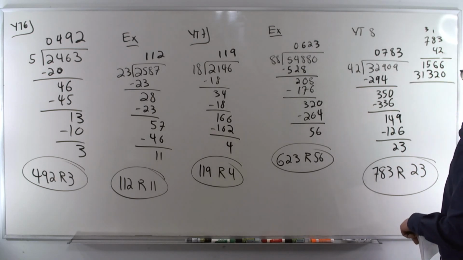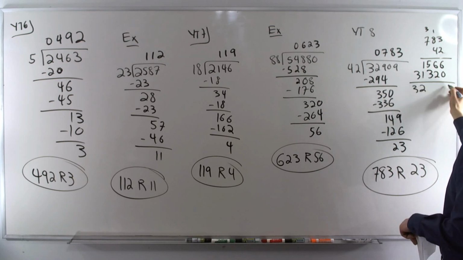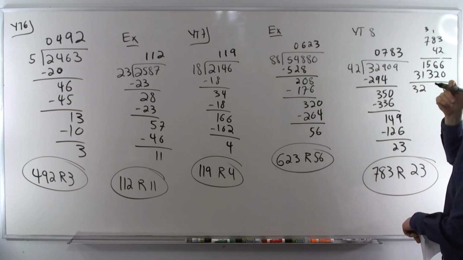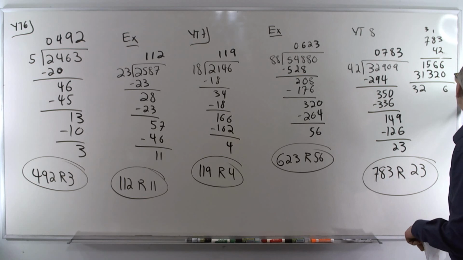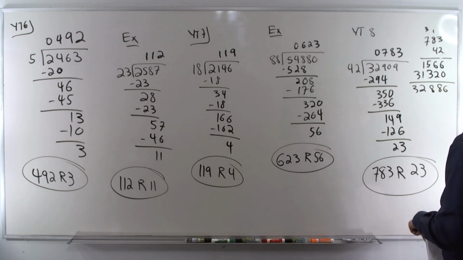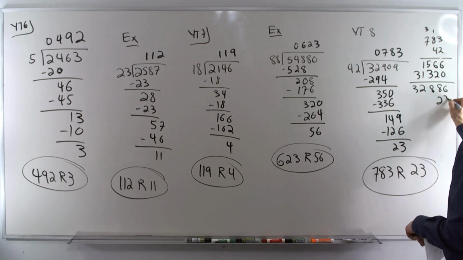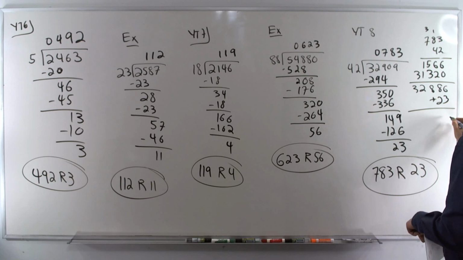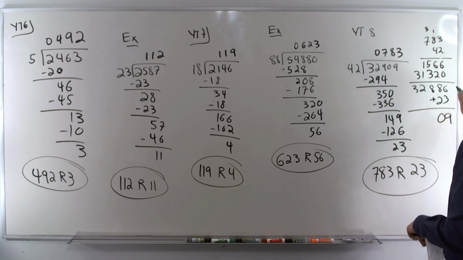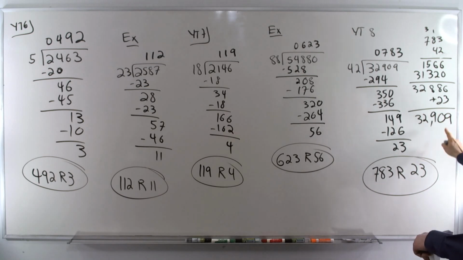And that gives us 32,886. Okay, so that's 32,886, and we're going to add on the remainder. And we get a 9, a 10, carry the 1, 9, 3, 2, 32,909, which is what we're dividing into.